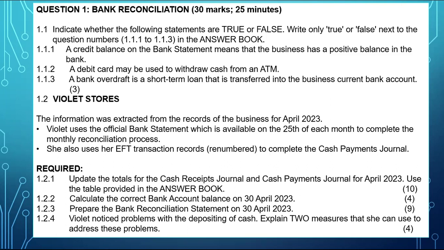Okay. 1.1.3. A bank overdraft is a short-term loan that is transferred into the business current bank account. That is not true. A bank overdraft, you apply for it, whereby the bank will allow you to use more than what you have. For instance, once you have been approved for an overdraft of 20,000, let's say in your bank account you have 10,000 Rand, and you see a nice gaming PC that costs 30,000 Rand.